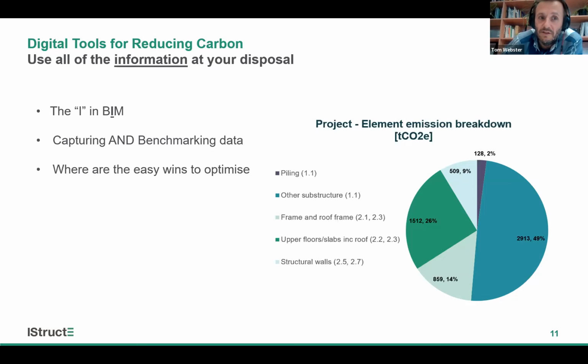What we should be looking to do is take the information and software and toolkits available to us to show us where to spend our time and energy, to efficiently and quickly pinpoint the real big wins that we can give to our clients, which are therefore cost effective.